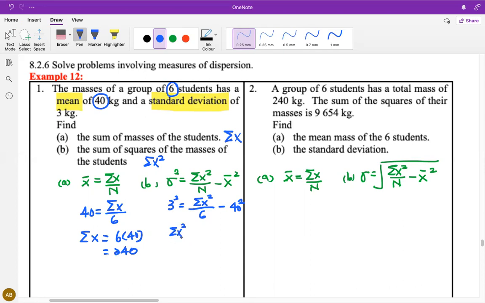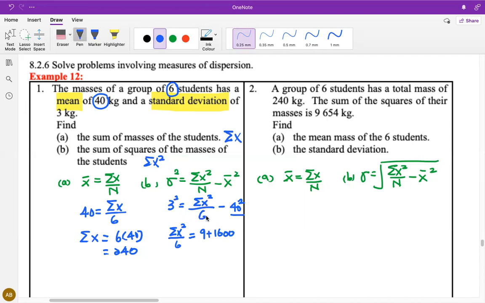If we rewrite everything, it becomes 9 equals sum of x squared over 6 minus 1600. Right? 40 squared is 1600.